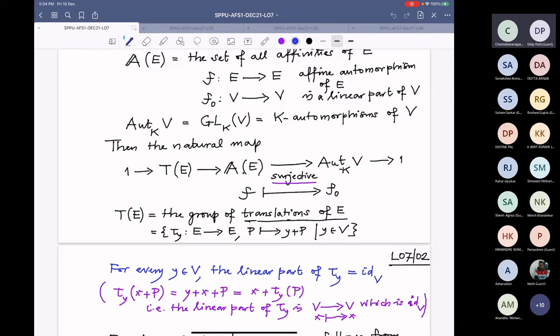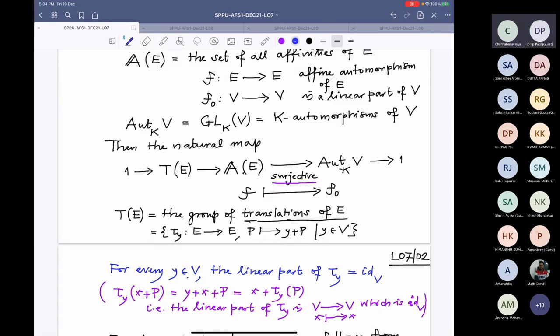And what is the linear part of that? This is identity, because this Y is not disturbed. So that's what I've written here. For every Y, the linear part of Ty is identity. So therefore there is an injective map from here to here, Ty going to Ty.